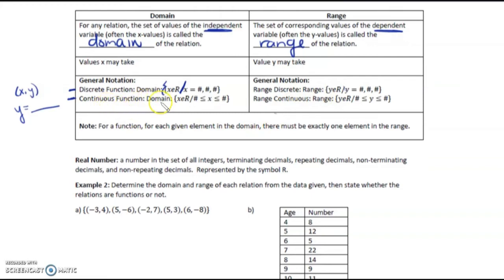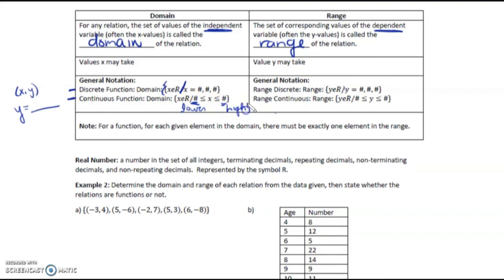For a continuous function, a lot of times we use what I call the crocodiles. So x is an element of the real number system such that x is between this lower number and this higher number.